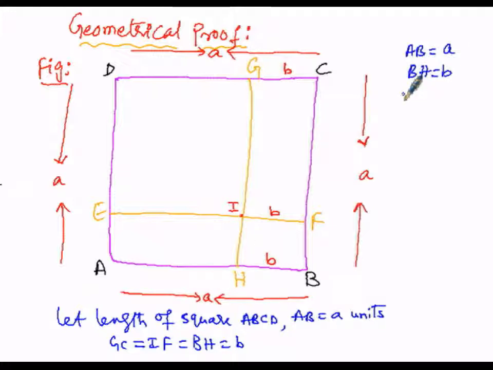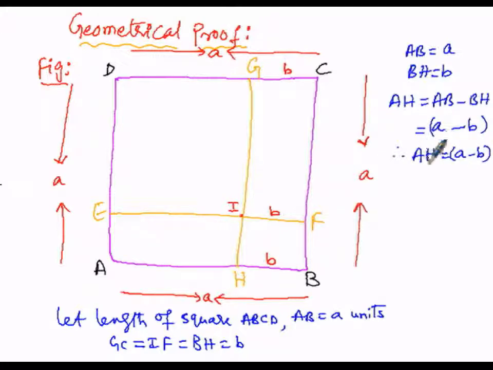AH is equal to the total length AB minus the part BH, that is AB which is A minus BH which is B. So in this manner I got AH as A minus B.